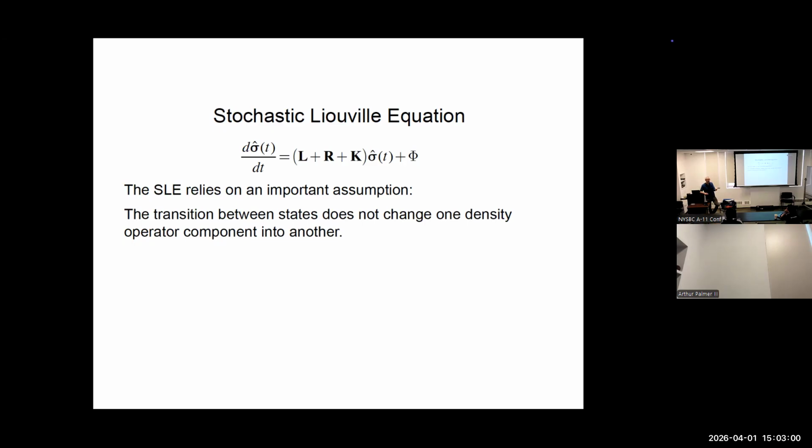But we don't change spin states. So if we're I plus in the A state, after the jump, we're I plus in the B state. We're not suddenly zero quantum magnetization in the B state. And that means during the jump, there's no Hamiltonian strong enough to cause a change in spin states.